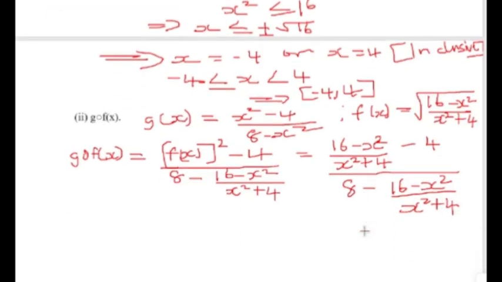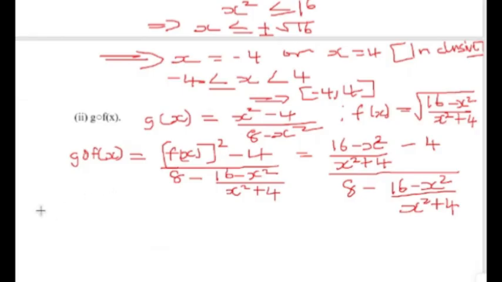Divided by x squared plus 4, okay, minus 4, everything divided by the denominator, 8 minus 16 minus x squared divided by x squared plus 4. Okay, so that's good. So let's solve them separately.